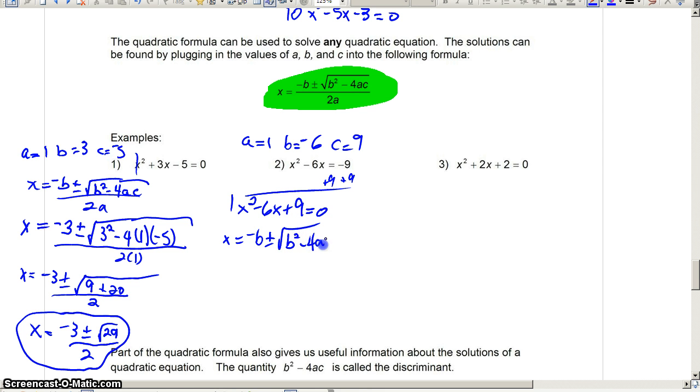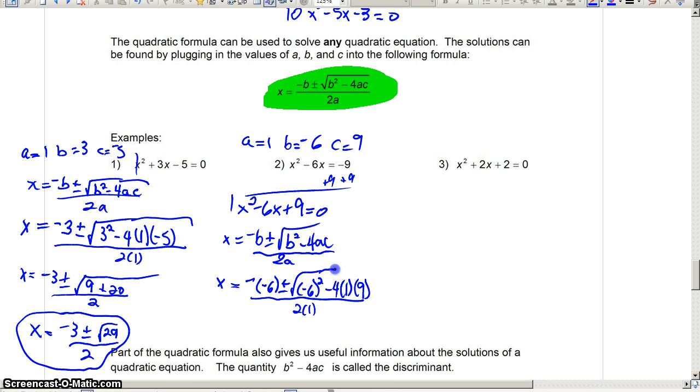Of course, we're going to be reviewing this for a good week before we take our test. And in that time, we hope that we'll have all of this memorized as we practice. But fill in. Look, we're going to have negative 6 plugged in for this b. Inside this radical, we'll have negative 6 squared minus 4 times a 1 times a 9. Underneath, we'll have 2 times 1.